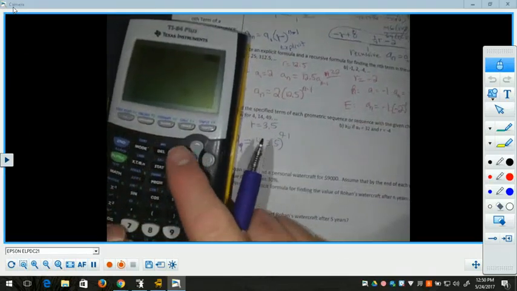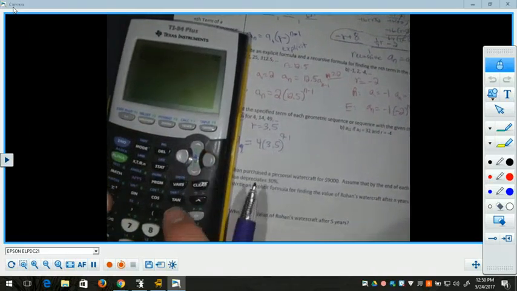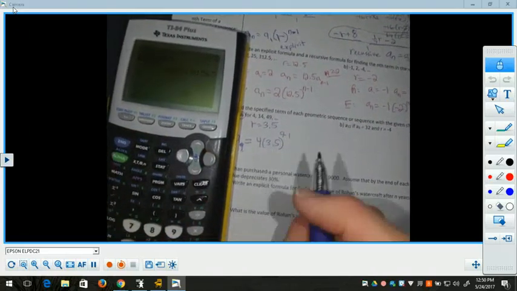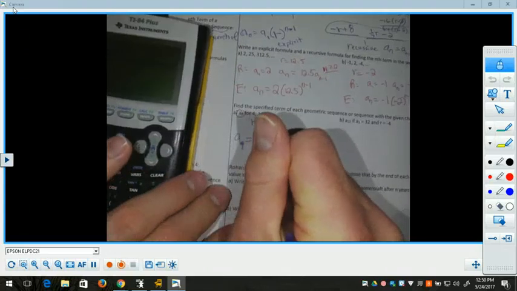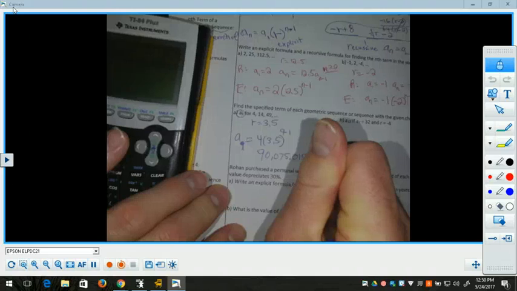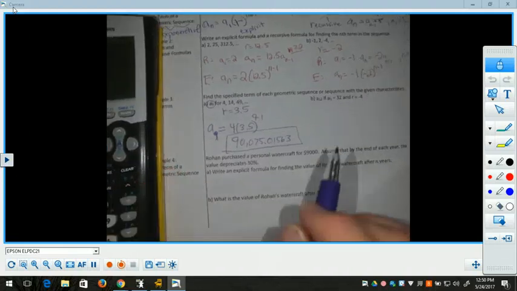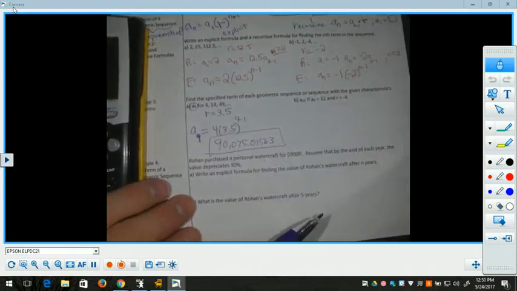So I will do 4 times 3.5 to the power of 8, and I get my answer of 90,075.01563. That's a sub 9.